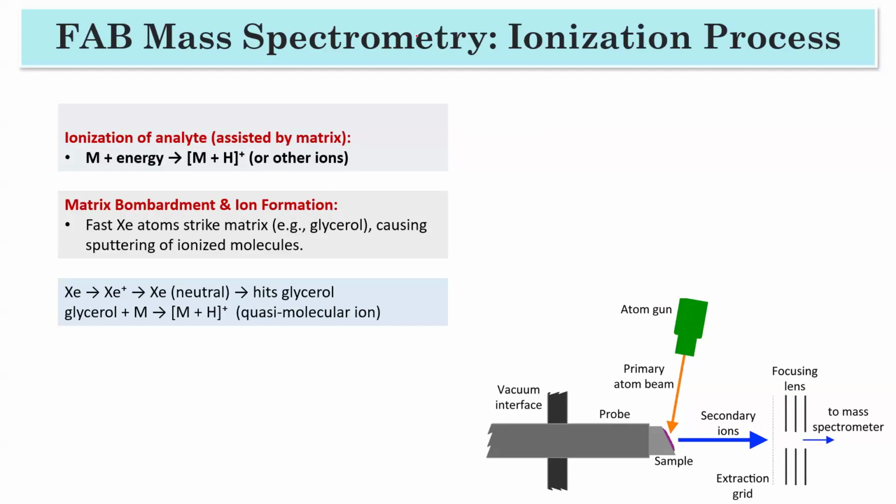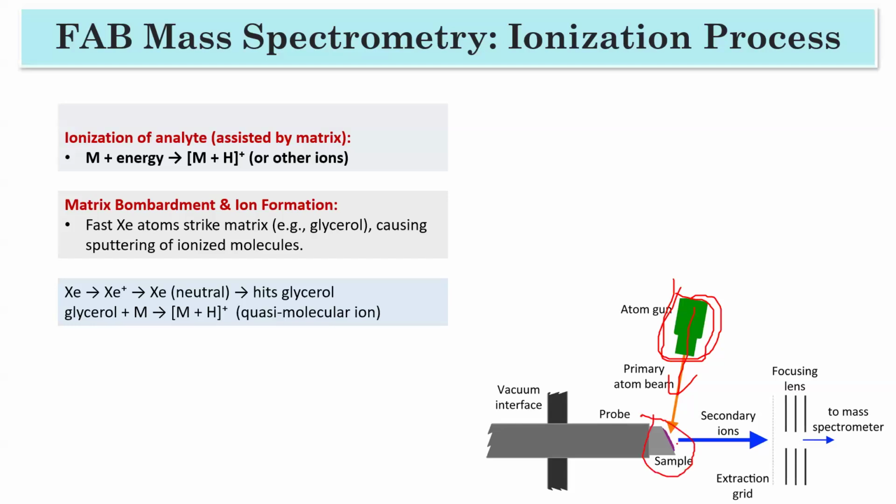Okay, so there is another one: fast atom bombardment mass spectrometry. What happens in this is you have an atom gun, whereas in MALDI we have a laser. So in this case you have an atom gun with, suppose, an argon gas beam, and you have your sample.